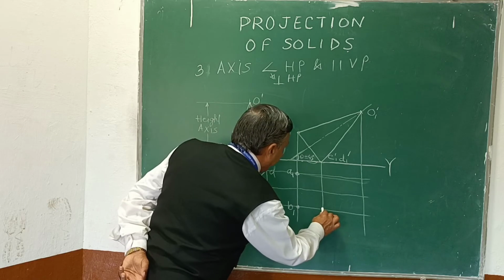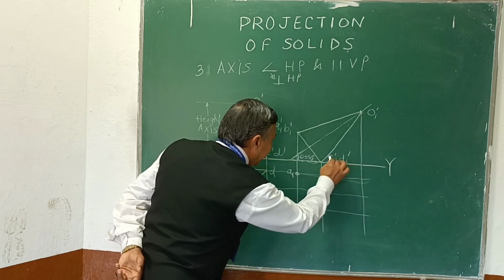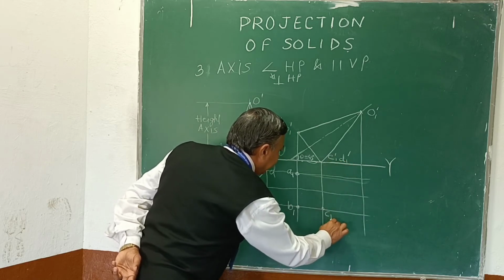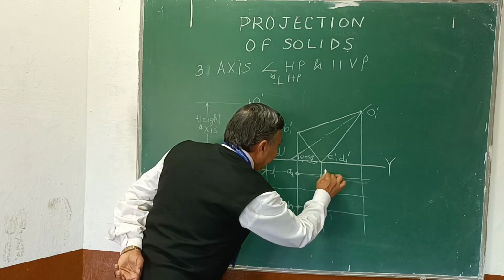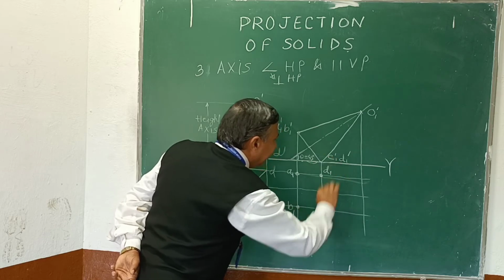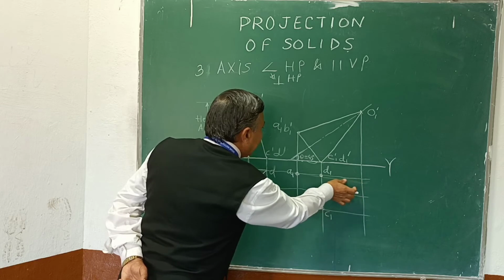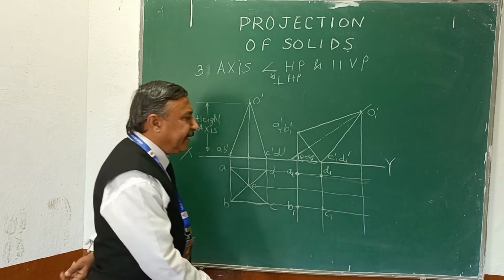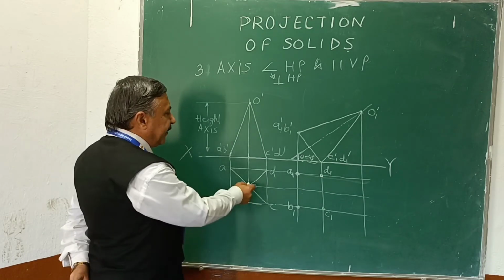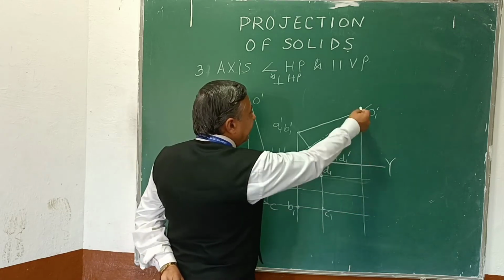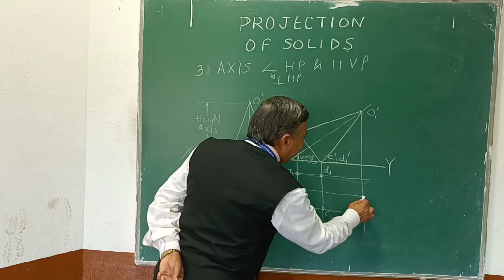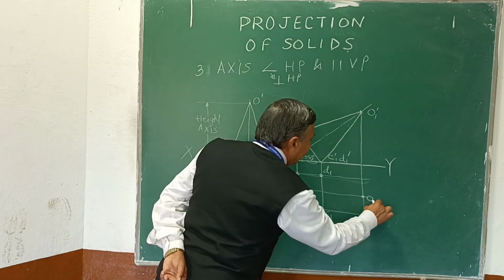This gives you point C and D, C1, and this point is D1. This point is D1, and this is O lastly, and this is O. So this point is O1.